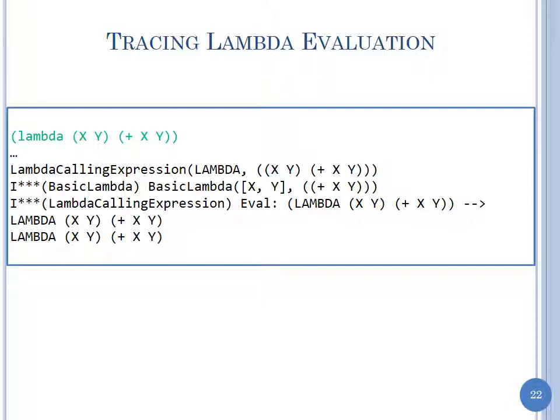So, when you type lambda xy plus xy, the eval method will create this object and it will print out the lambda, and lambda's toString does get value, and the get value just returns a string representation of what's internally in there. So we do know that the body and parameter information are stored in the lambda expression, because when we went into the get value, we got that information out.